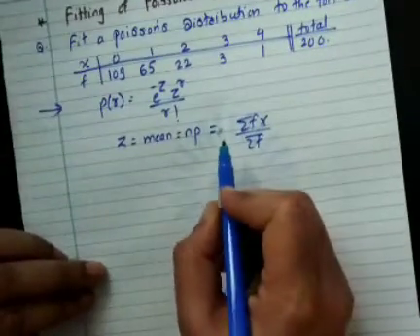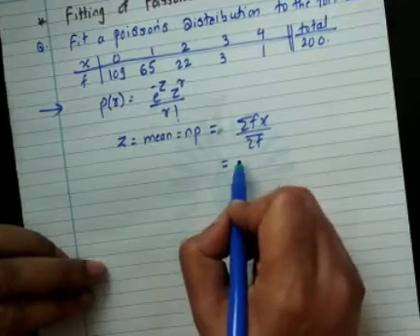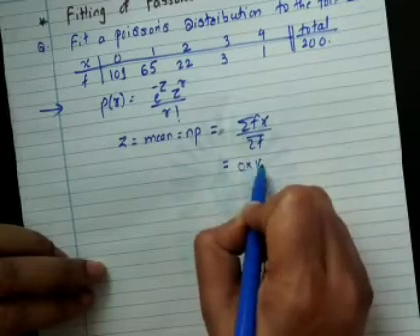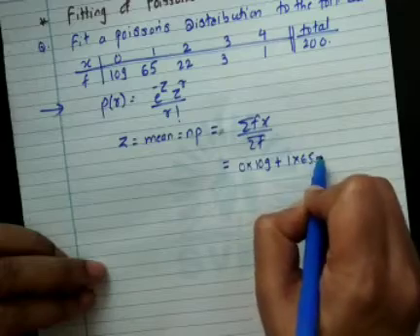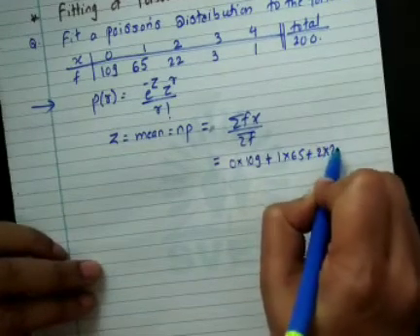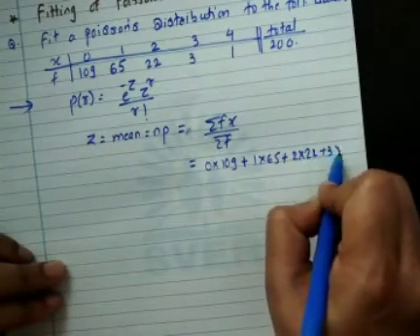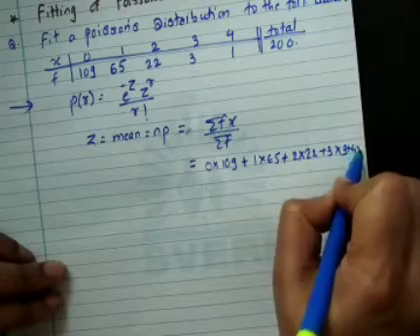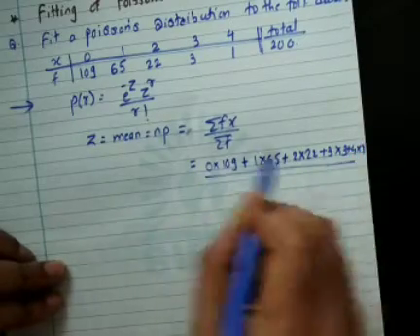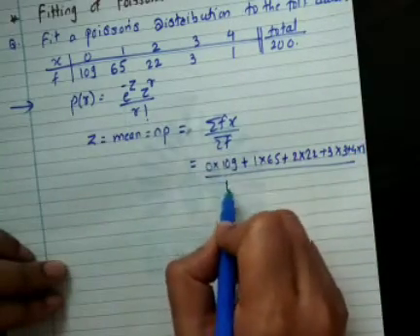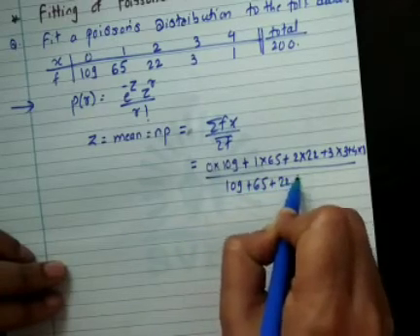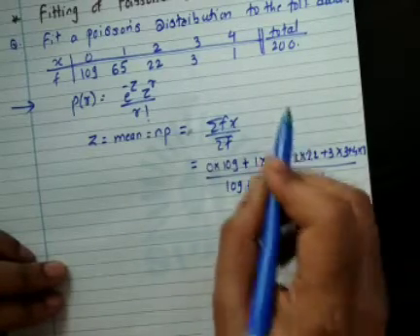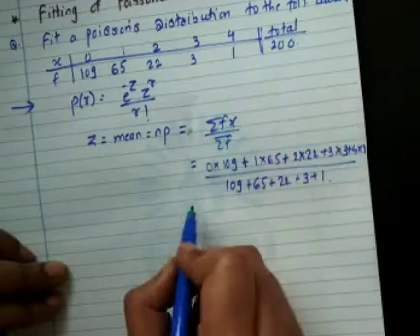That is, summation f into x is 0 into 109 plus 1 into 65 plus 2 into 22 plus 3 into 3 plus 4 into 1, upon summation f, 109 plus 65 plus 22 plus 3 plus 1, or it is directly given to you as 200.